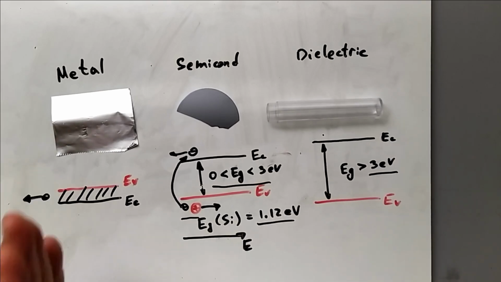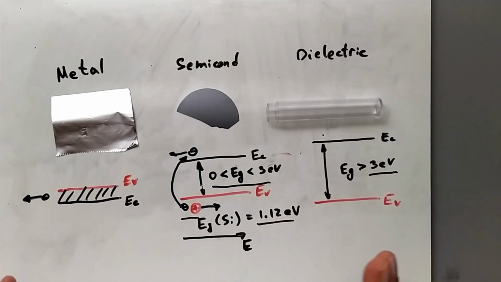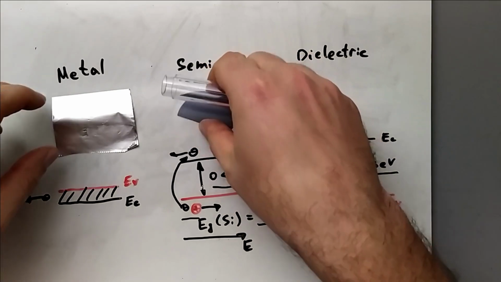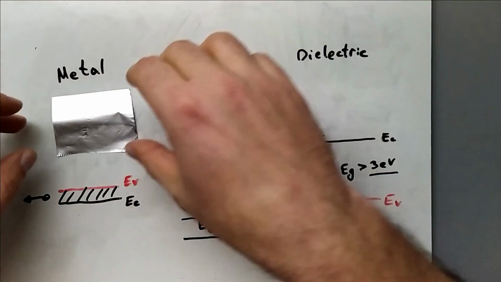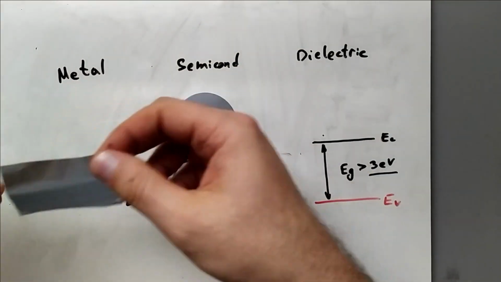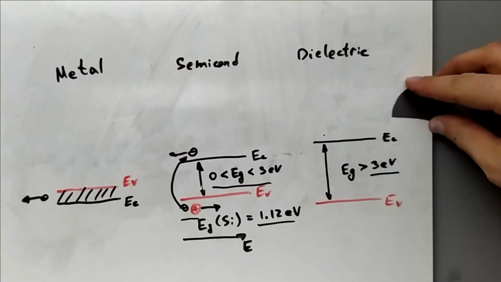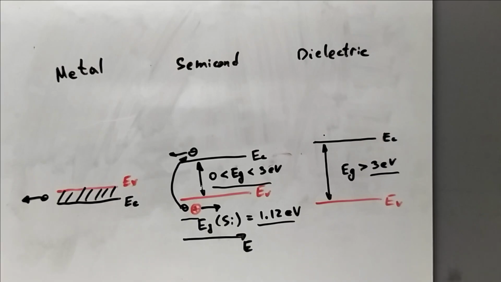So that's why we have metal, semiconductor, and dielectrics, and these types of materials and their combinations are commonly used in all types of electrical experiments and devices. So let us remove these samples for now, which I hope were useful for demonstration purposes.